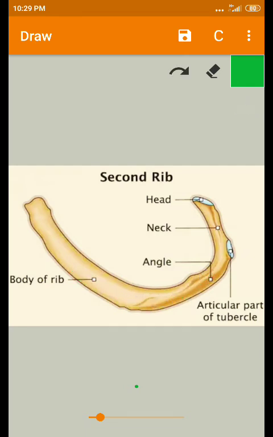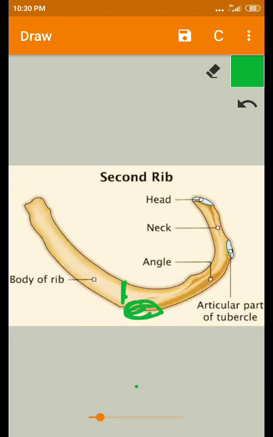And it also has a rough impression behind its middle. Almost all of this is the middle part, and behind this middle you have a rough tubercle here.